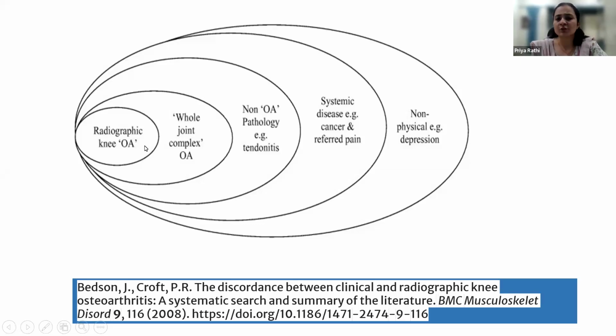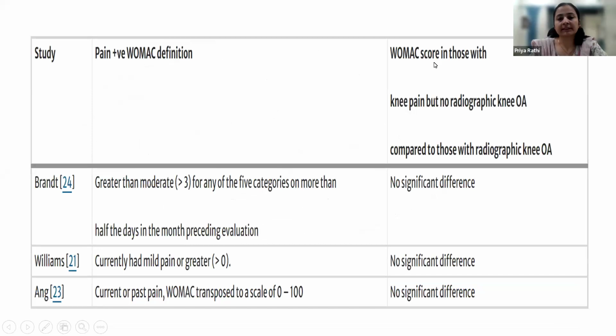The other patients can have whole joint complex osteoarthritis, or there could be non-OA pathologies like tendinitis, or some systemic diseases like cancer, referred pain, or osteoporosis, or some non-physical symptoms like depression. This study says that there is no statistical significance in WOMAC score between those who have knee pain but no radiological changes on X-ray and those who have radiological changes of knee osteoarthritis.